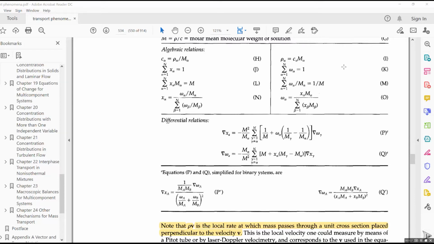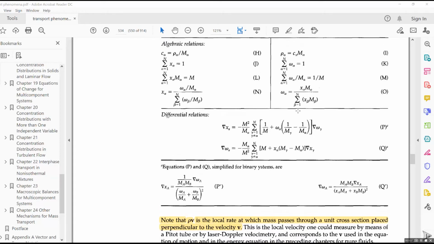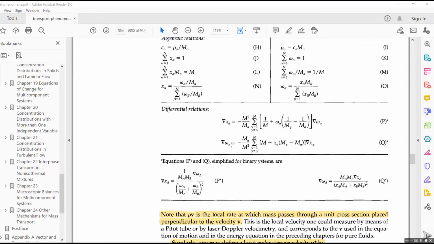Again, the right side is similar: it is defined by the individual species mass concentrations. The summation of the mass fractions has to be equal to 1, and this gives this relation and also this relation. So for the differential relations and gradients, the mole fraction of any species is given by the right-side formula, and the mass fraction by this formula.